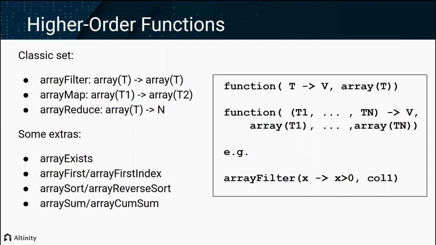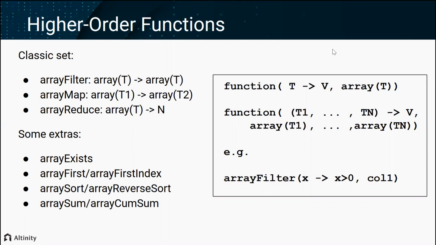There is also array exists that accepts a lambda, array first, another way to look in arrays. Array sort may accept a custom lambda that will provide the sort order, which is probably not default. And even array sum, which can generate the sum of your array elements, may also accept a lambda in order to do some modifications before you sum your data.